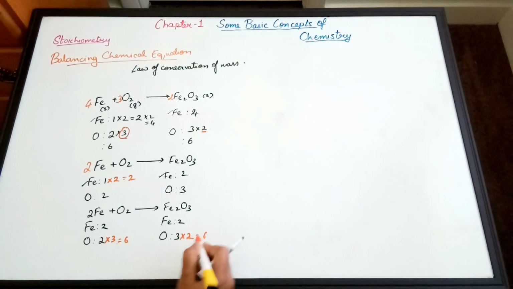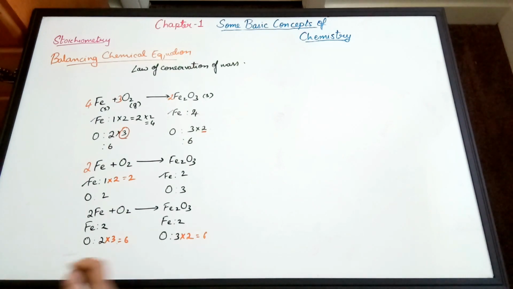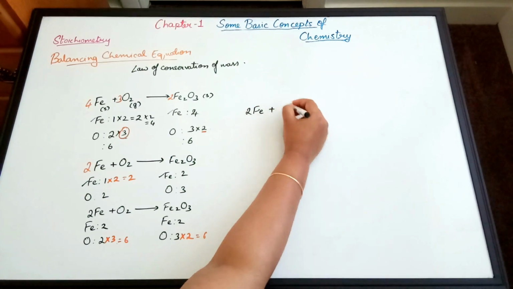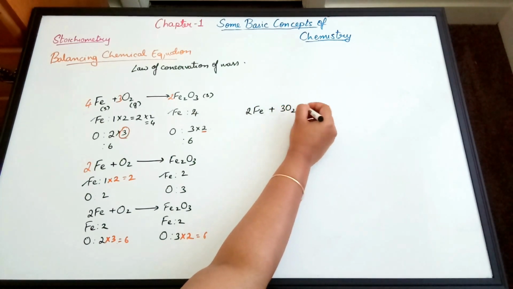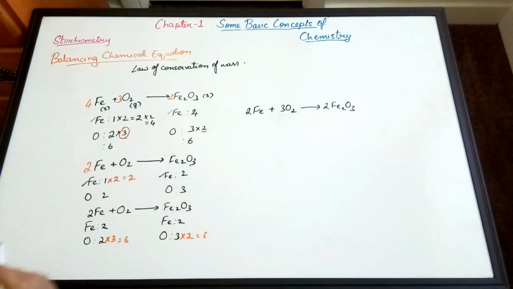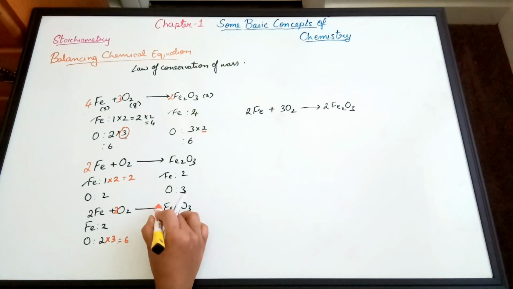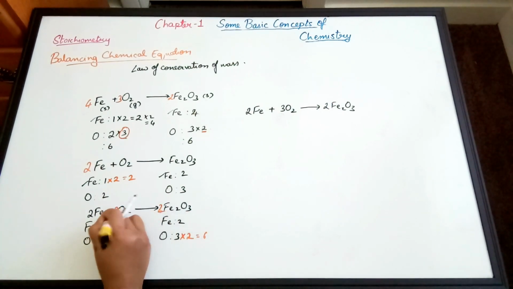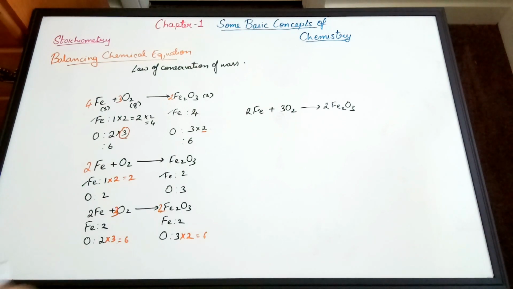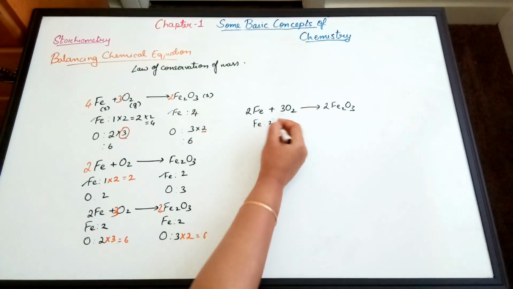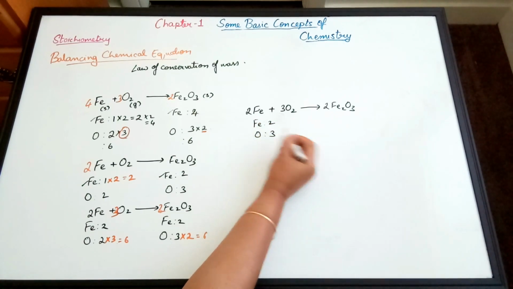You have 6 atoms of oxygen. Now this means 2Fe plus 3O2 gives rise to 2Fe2O3. Now here if you notice, Fe is 2, oxygen is 3.